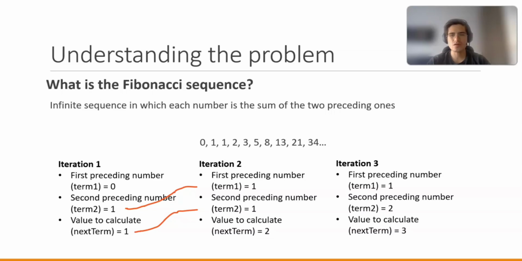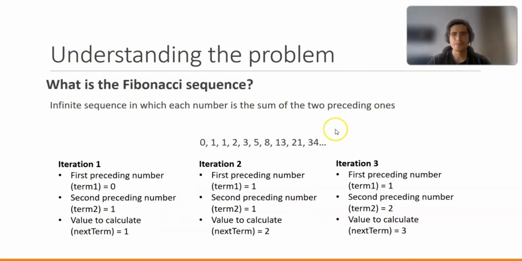And the same thing repeats on iteration 3. So now my term 1 equals my term 2 on my previous iteration, and the term 2 equals the next term of the previous iteration. So this is the pattern, and this is what we need to identify as software developers in order to write the code that implements this particular sequence.